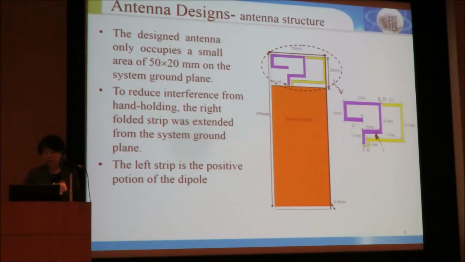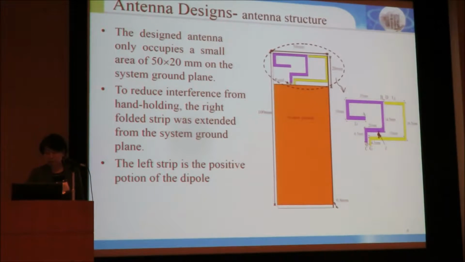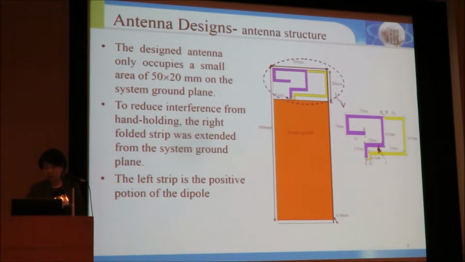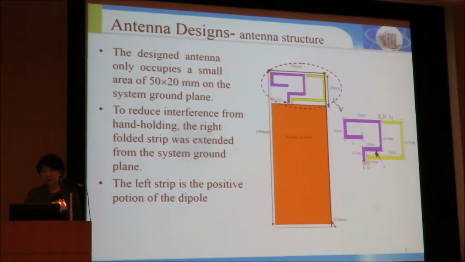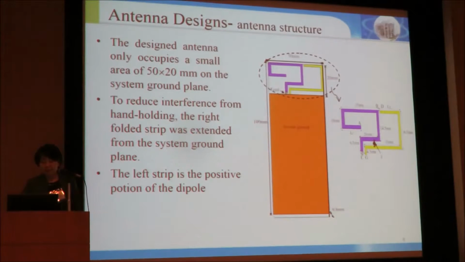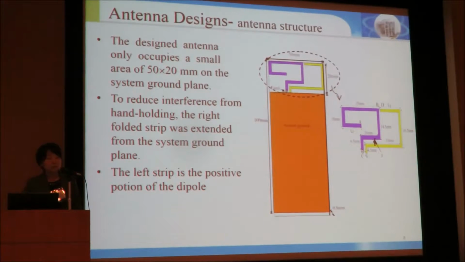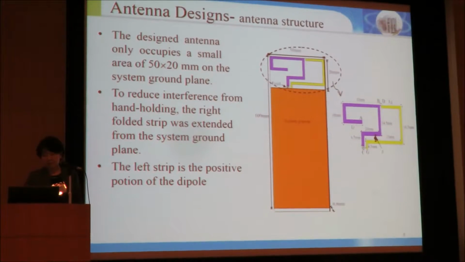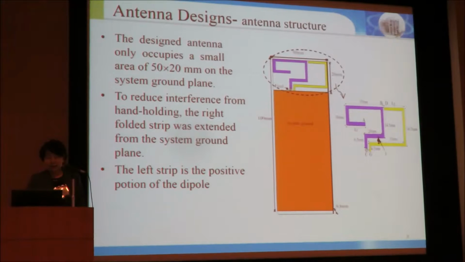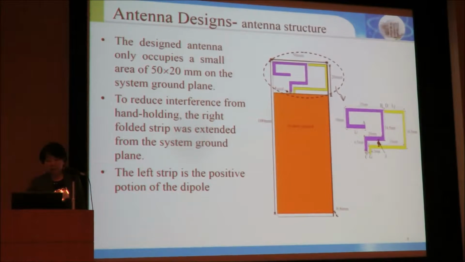The whole current path is from point A to B, C, G, and D. And the whole current path is here. We expect that the current path is not affected by the system ground plane and reduces interference from the hand holding.